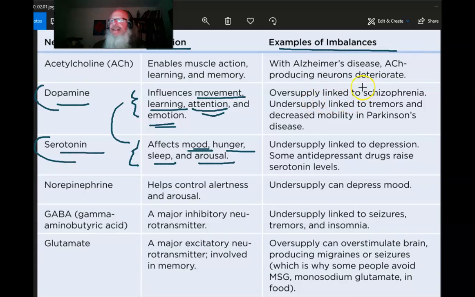So now let's look at the examples of imbalances. Too much dopamine is linked to the mental disorders that are grouped under the overall heading of schizophrenia, and an undersupply is linked to tremors and the decreased mobility in Parkinson's disease.